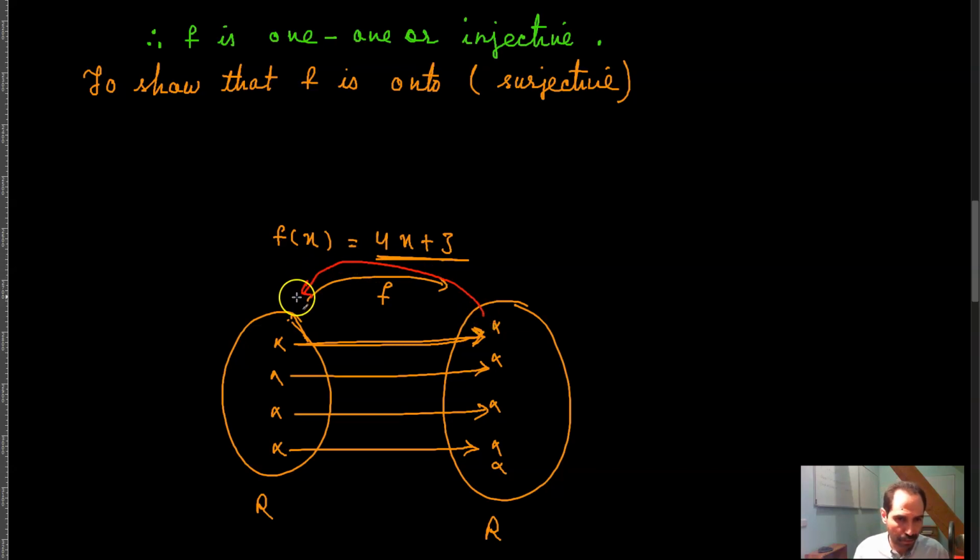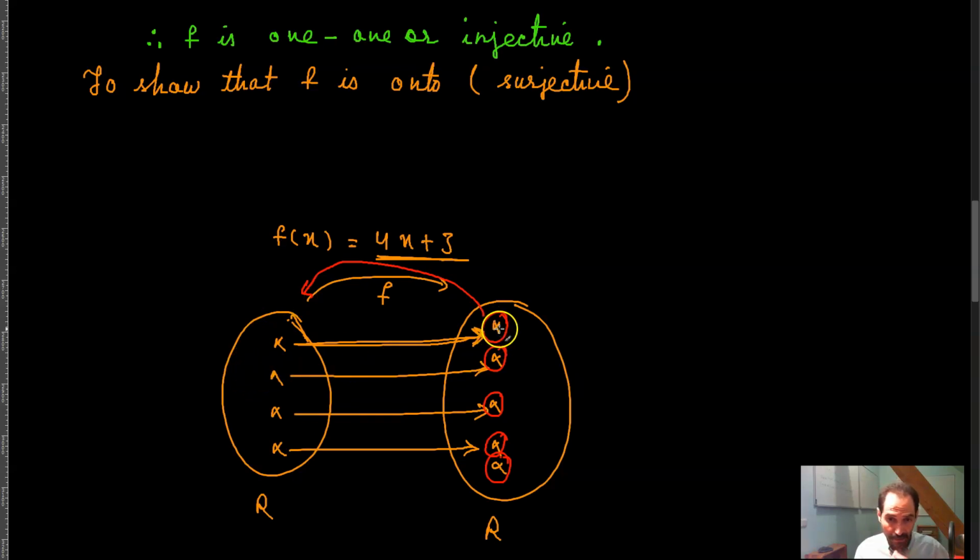And it becomes important to be able to get back from here to here, because I want to make sure that every element that I have here is the image of some element in the domain of the function.